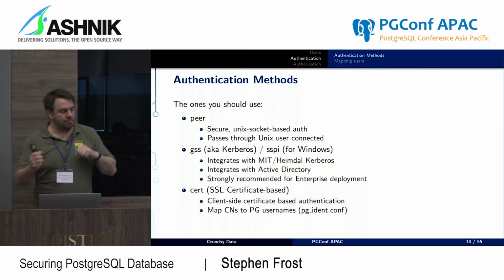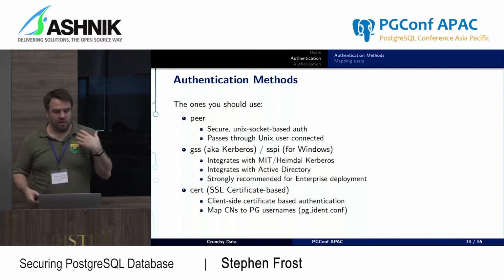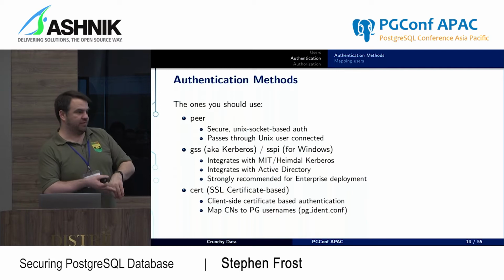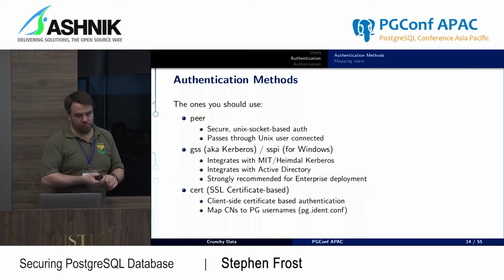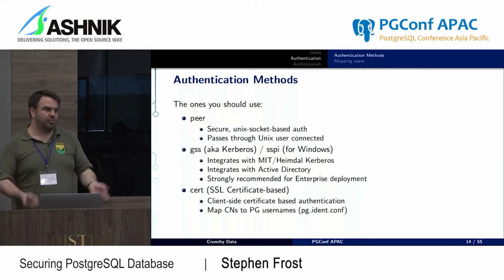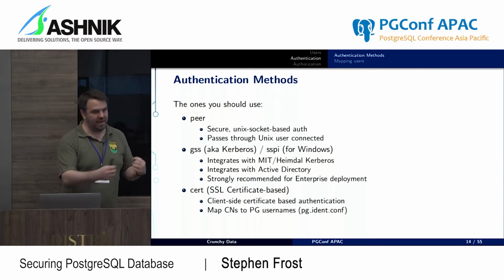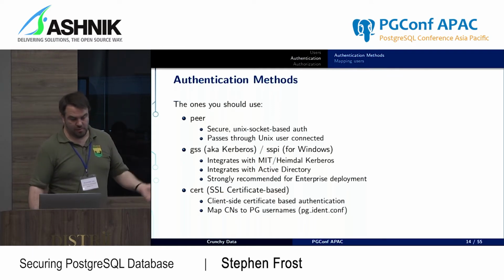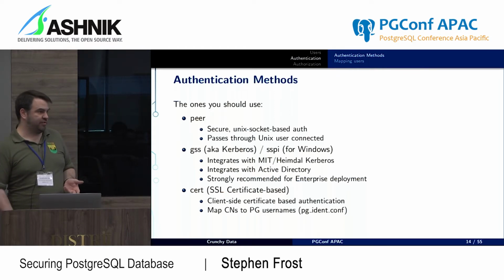So when it comes to those methods, the ones that I recommend are peer, GSS, and certificate-based, because those are strong authentication mechanisms that are secure for both the client and the server. So peer, for example, only works on Unix sockets and just basically passes through the Unix user.